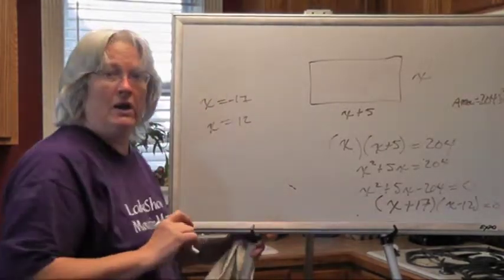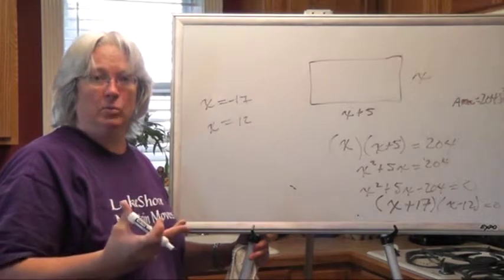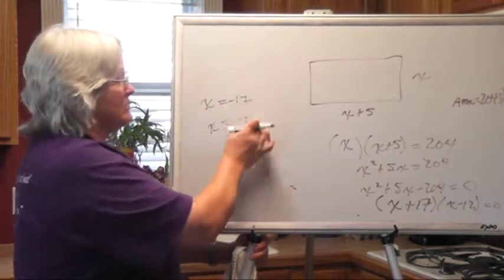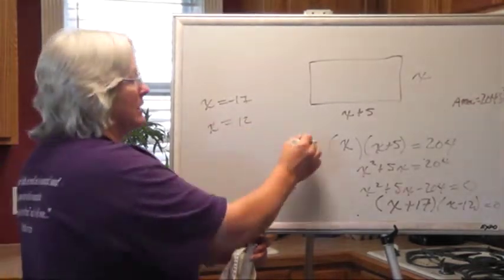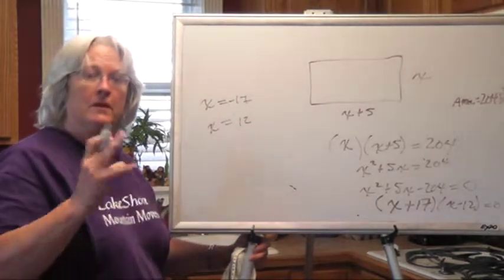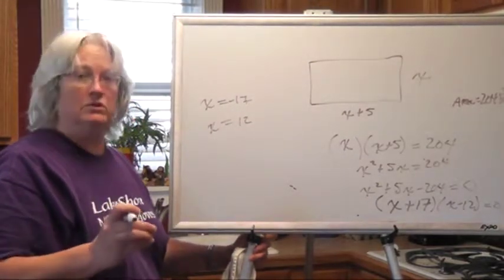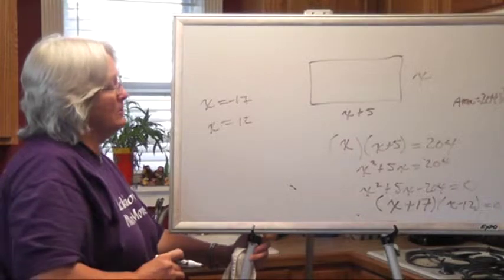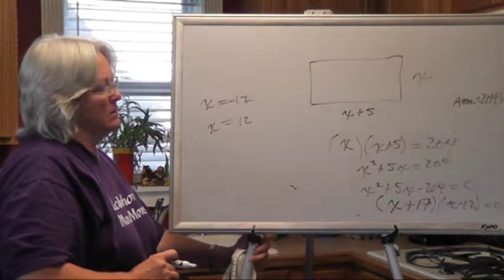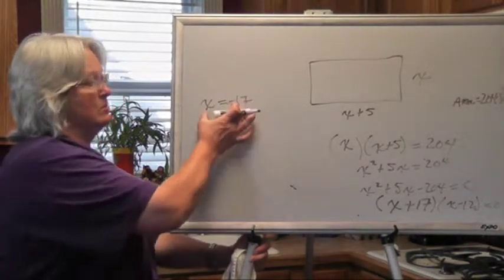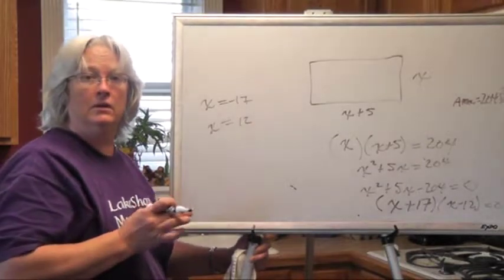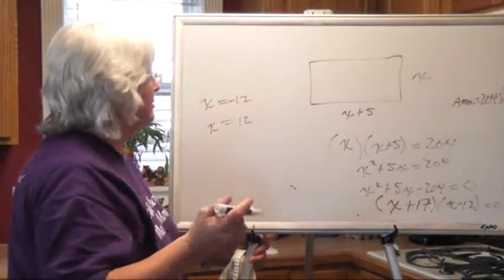Now, the way that we have been working with these is you get two different solutions, plug them back into the original equation, and see if this is what you're looking for. Should we just go ahead and plug negative 17 in? Well, you really don't need to.